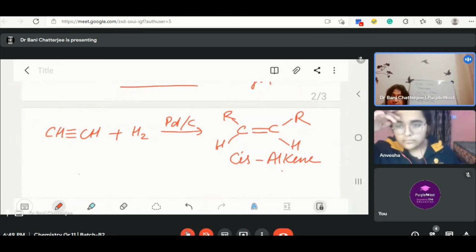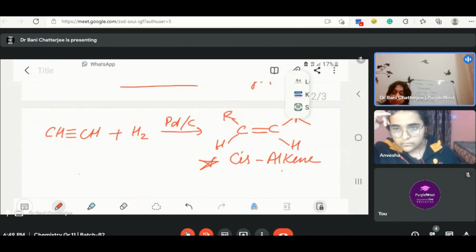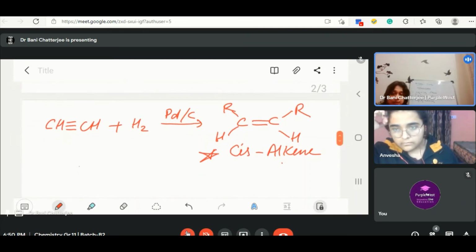There is no theoretical explanation for why we get the cis, but yes, when we add palladized charcoal, we get cis alkene only.